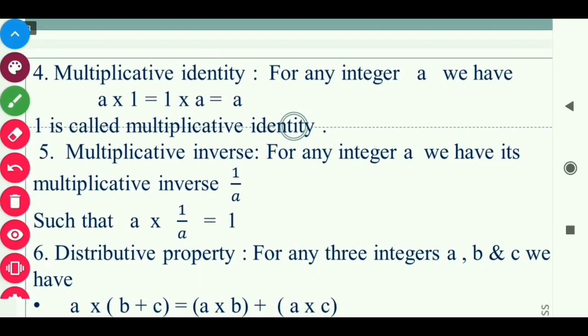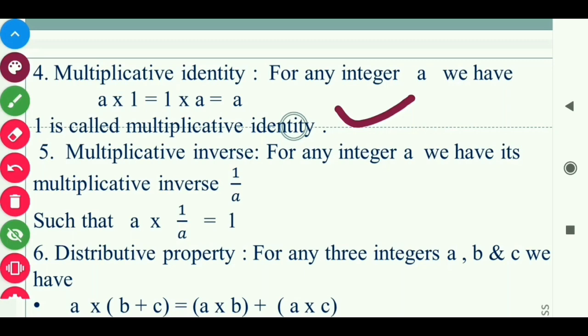Moving to the next property, which is a very important property. Here I would like to revise additive identity. Children, we have seen that 0 is the additive identity for integers. When you add any integer with 0, the result is the integer itself. And here I want a multiplicative identity. For any integer a, we have a into 1, which is equal to 1 into a, which is equal to the integer a itself.